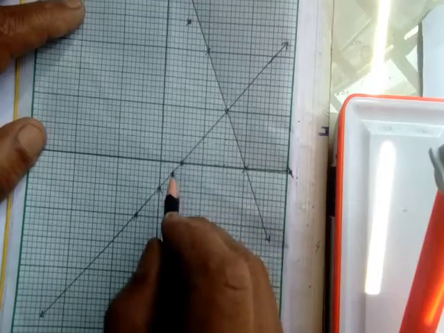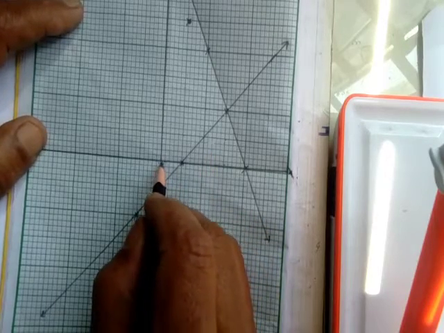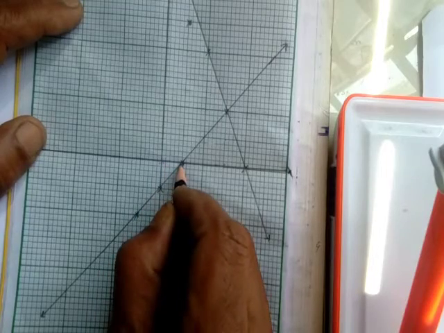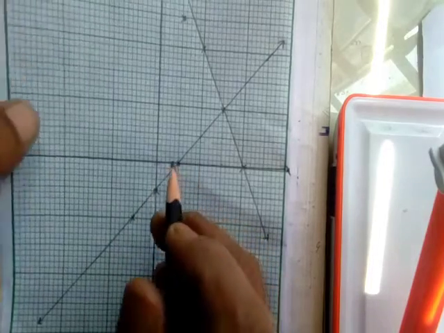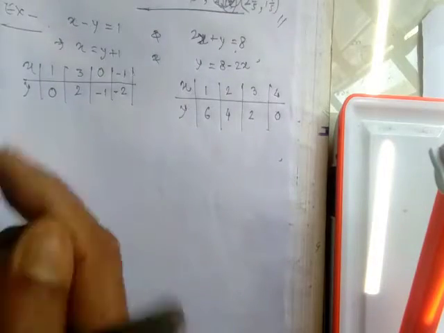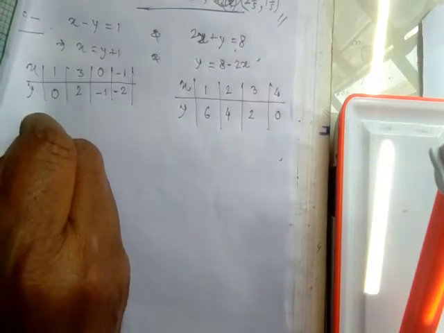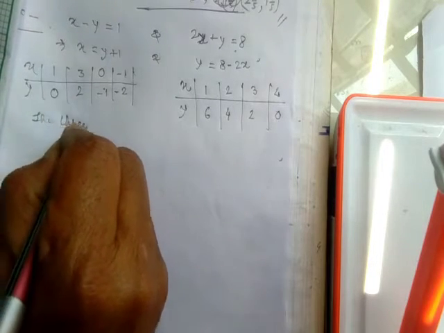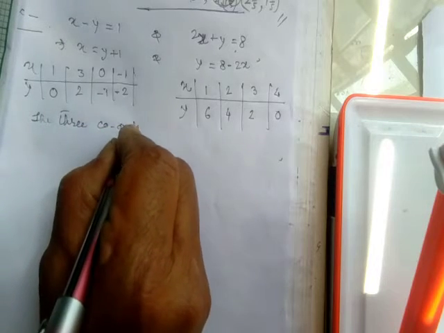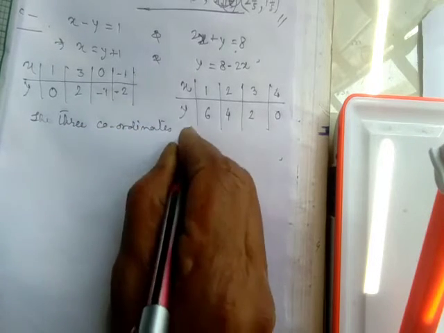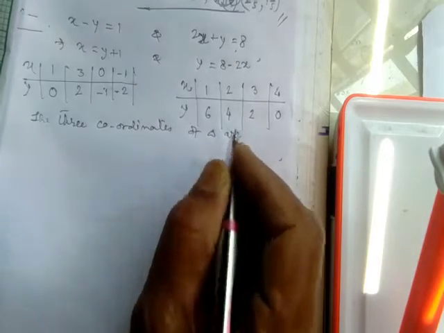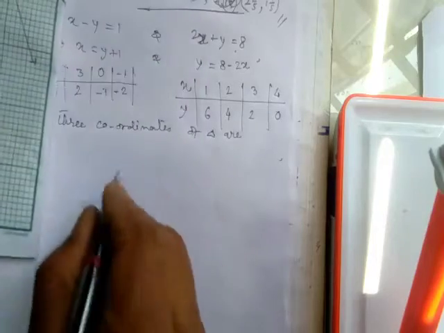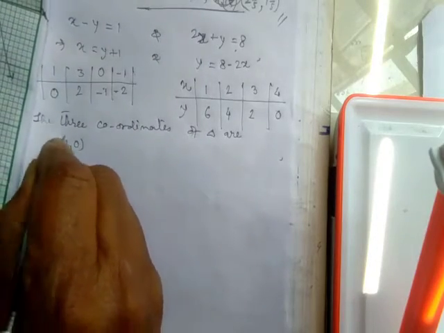Got it? Now the coordinate of A is how much? It is (1, 0). So the 3 coordinates of the triangle are: first one (1, 0).